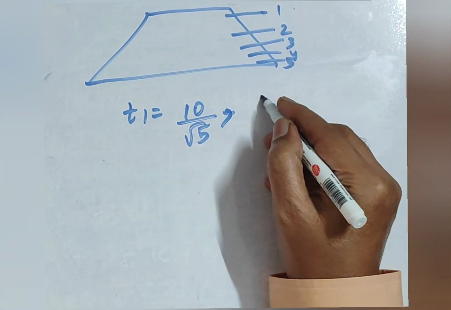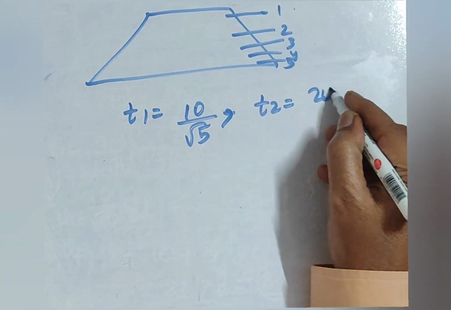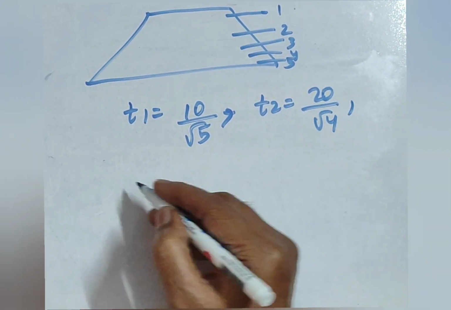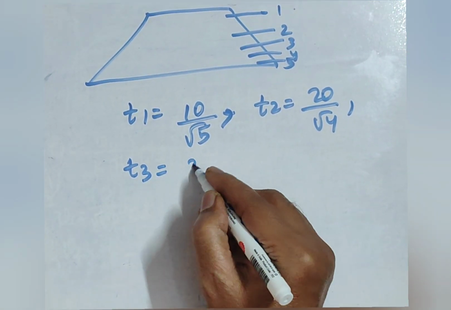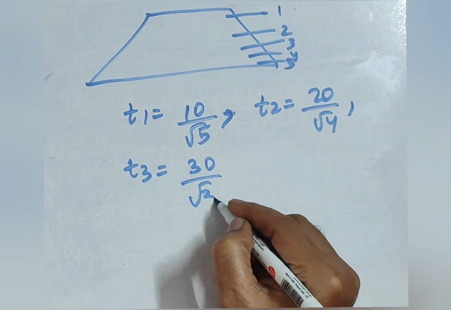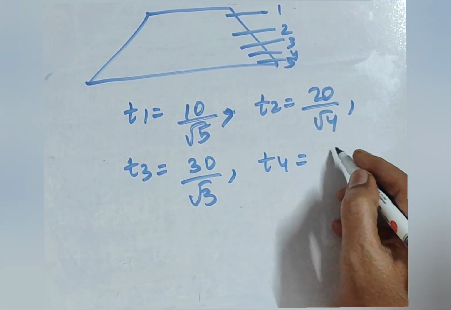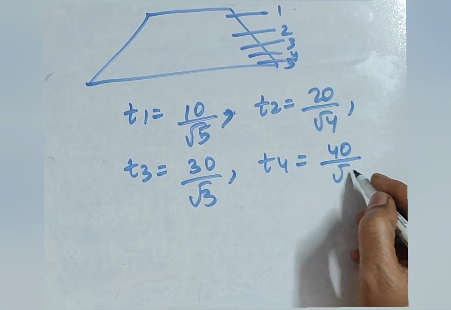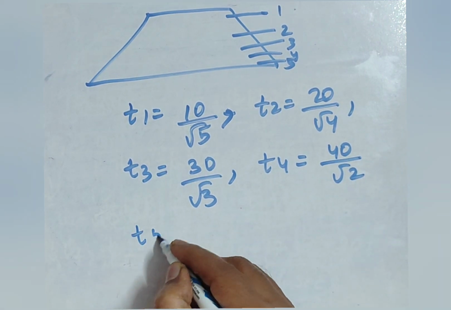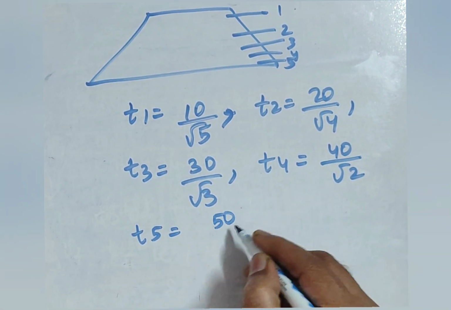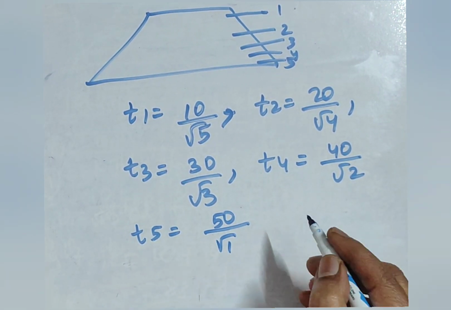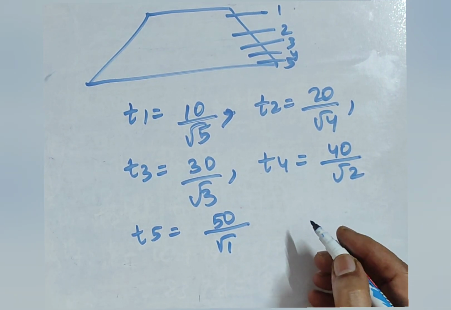Again the quantities are the same, topmost is 10 and height is 5. T1 is topmost, 10 by root 5, 20 by root 4, 30 by root 3, 40 is still below, root 2, 50 is the bottommost volume, 50 by root 1.